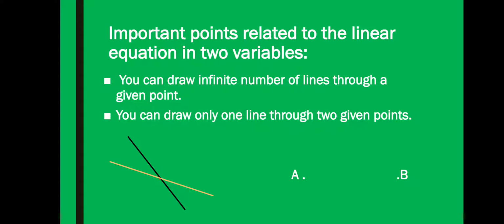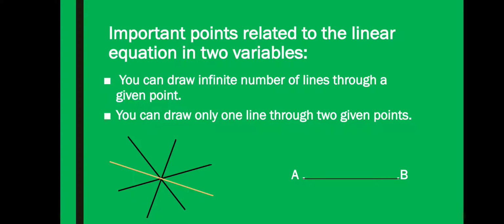There are not only two lines which can be passed through this single point. There may be other lines, like this is a third line, fourth line. Similarly there can be infinitely many lines which can be drawn through this point. But when you are given two points like A and B, there is only one line which can join these two points.